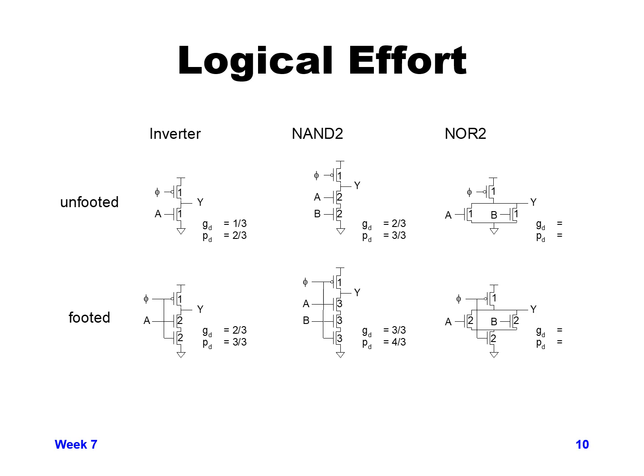And for the NOR 2 unfooted, we have 1 over 3 and P is 3 over 3, because we have two pull down devices and one pull up, so P is 3 divided by the normalized 3 value. And for the footed, G is 2 over 3 and P is 5 over 3.